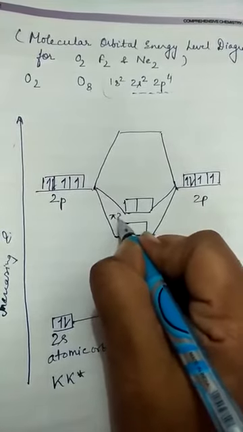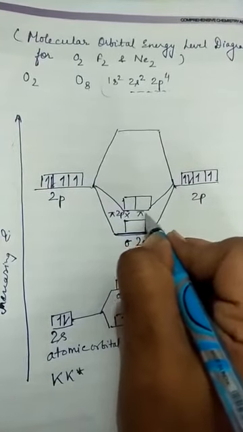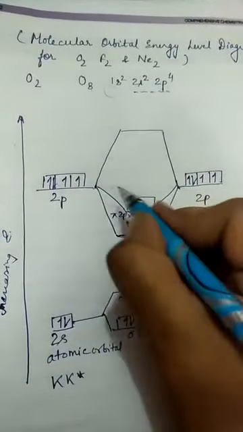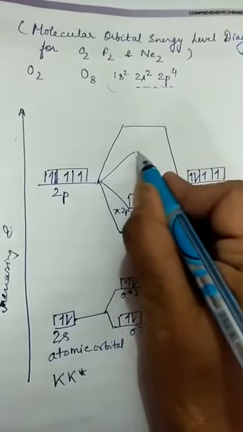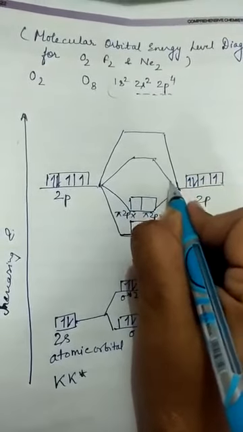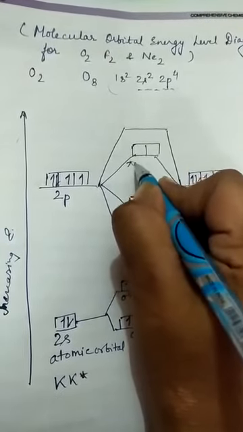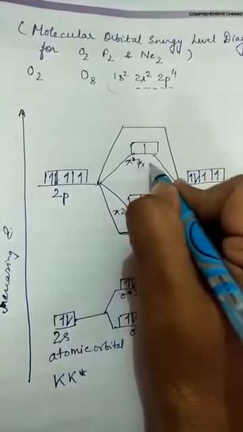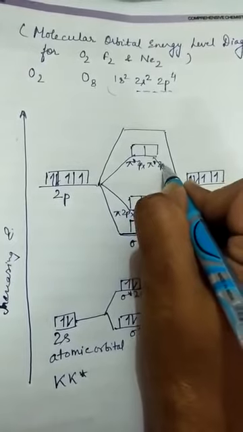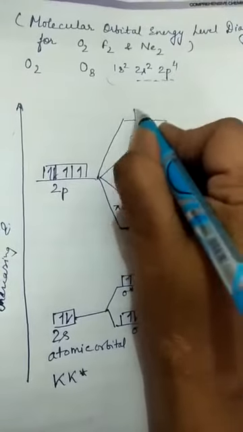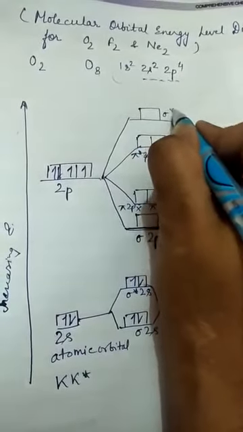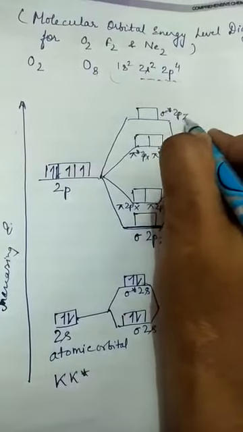These are pi 2px and pi 2py. Rest will remain the same. This is the only difference. Here are pi star 2px, pi star 2py, and at the top students will have sigma star 2pz.